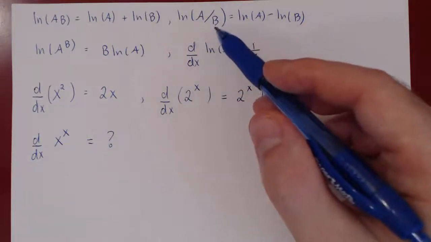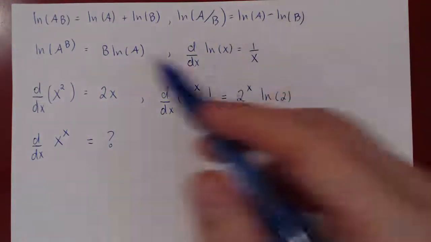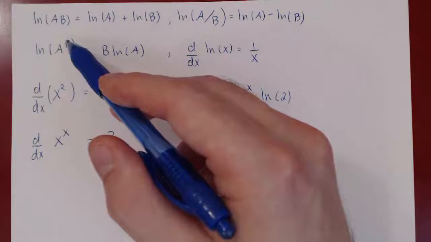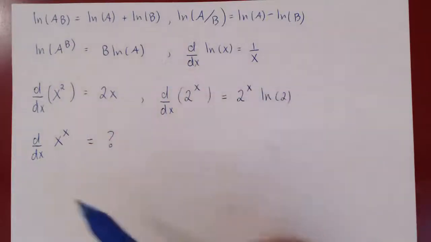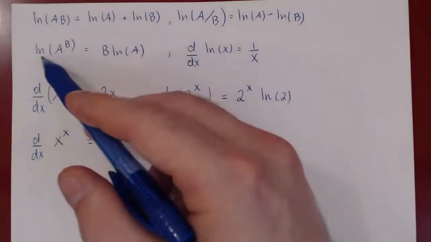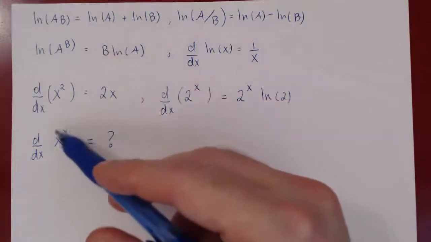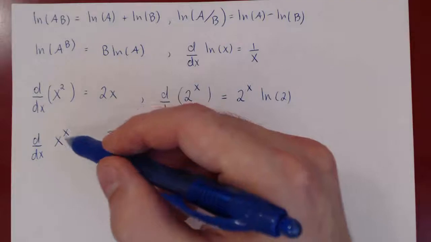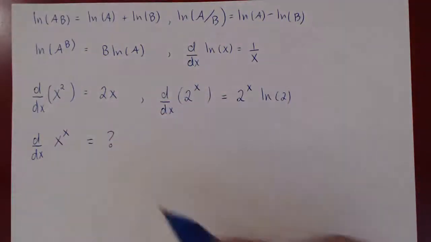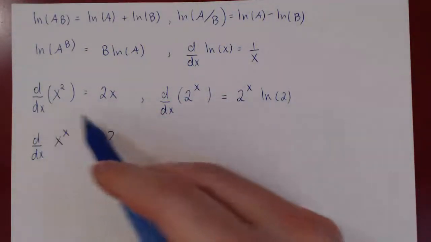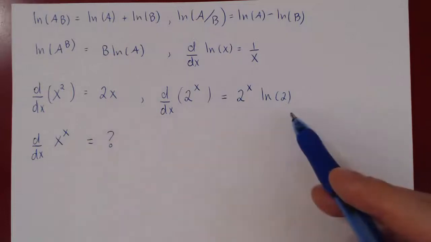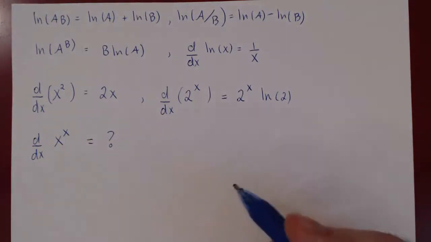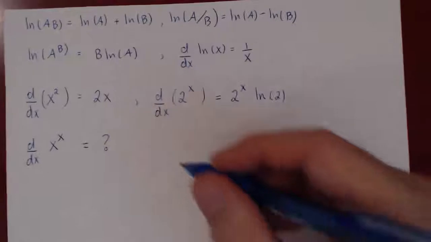Ln of a over b is the ln of a minus ln of b. And ln of a to the b is b ln of a. If you look here at this third property, this is the one we'll take advantage of, because the problem here is the exponent is a variable, and directly we cannot use either the power rule or the rule for exponential functions. So let's see now what we can do.